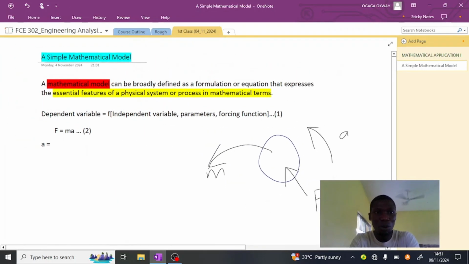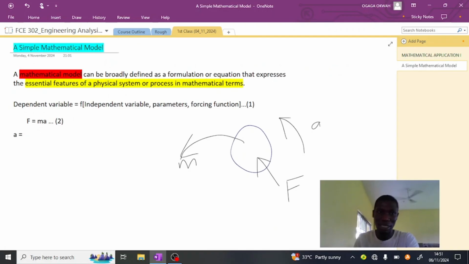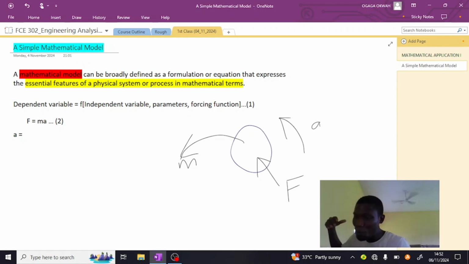So this is it for a simple mathematical model. Now, like what was said in class, let me just read what was given in class. The actual mathematical expression of equation 1 can range from a simple algebraic relationship to large complicated sets of differential equations.